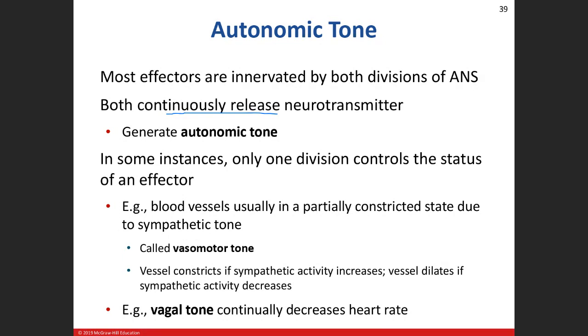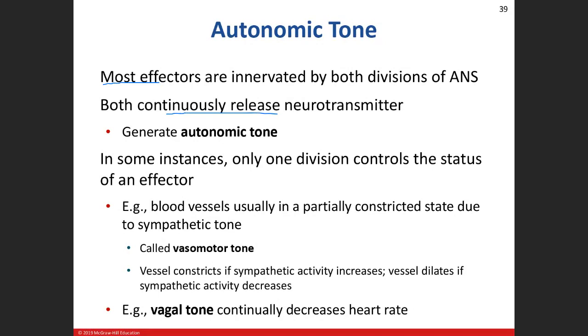A lot of the structures in the autonomic nervous system are innervated by both the parasympathetic division and the sympathetic division. A lot of them, but not all of them, and I'll tell you which ones to keep an eye on. That's why we say most effectors are innervated by both divisions, but not all.